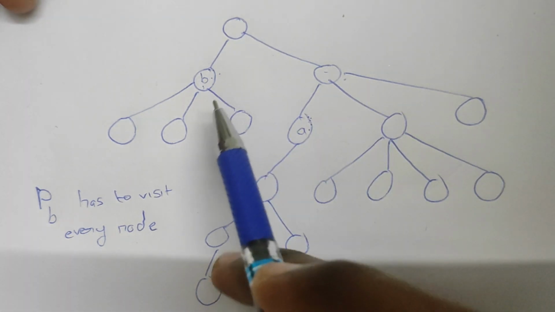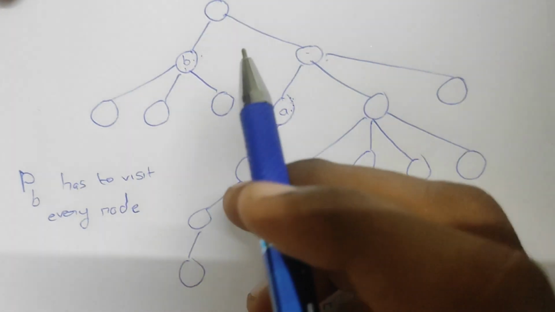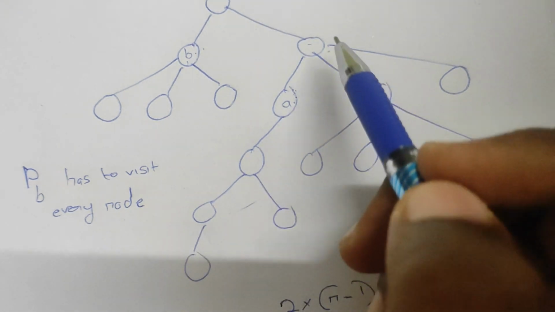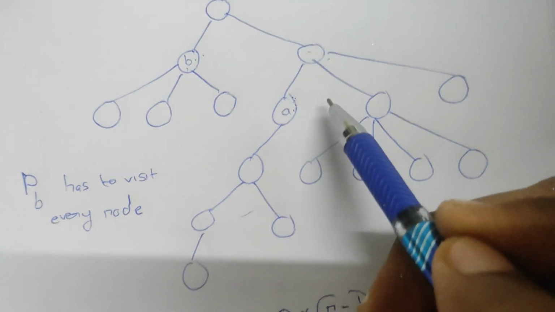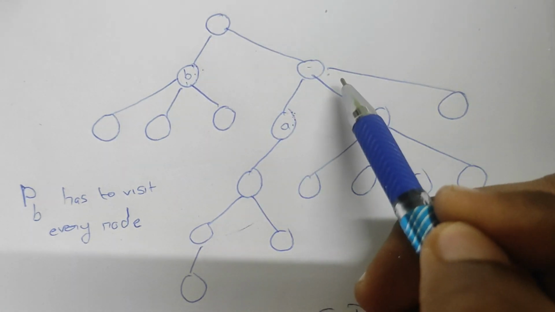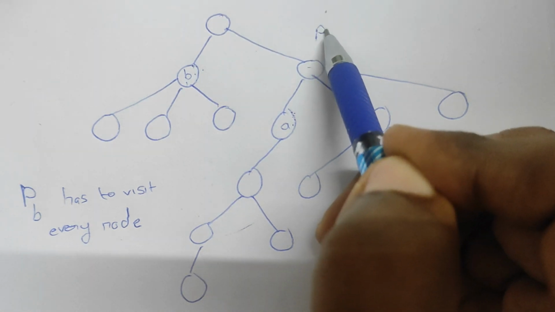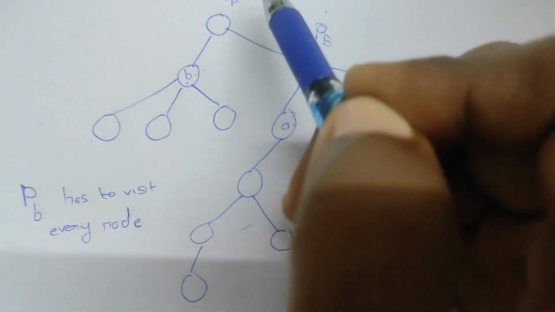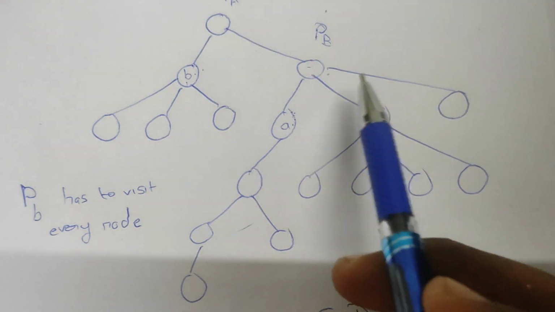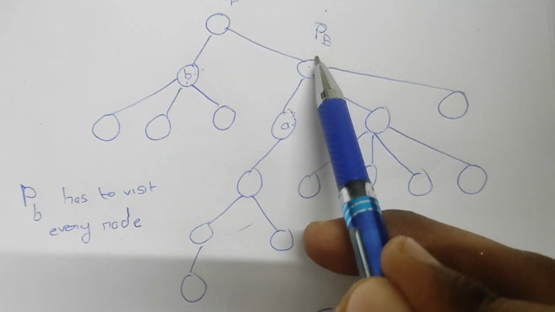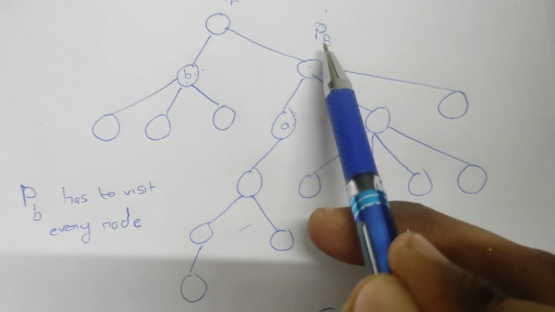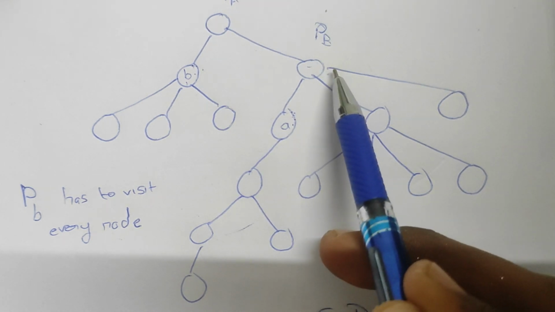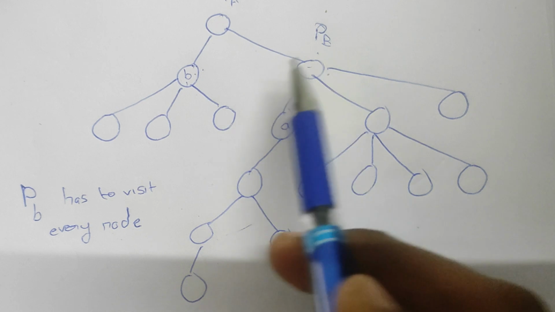We just need to consider PB. That's it. So now in the case that we consider, PB is over here, PA is over here. Now we have to find the minimum number of steps required by PB to visit all the nodes.